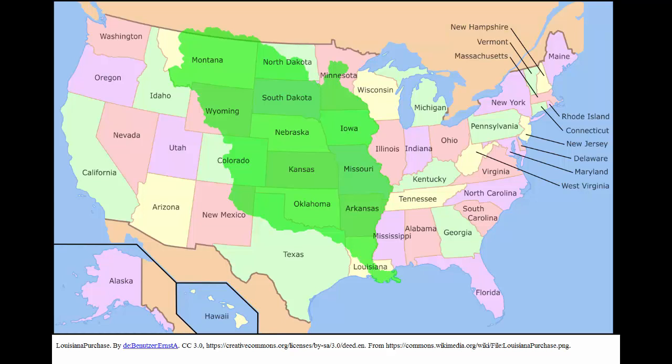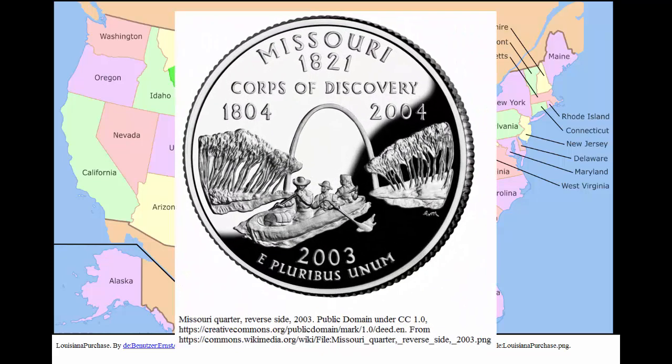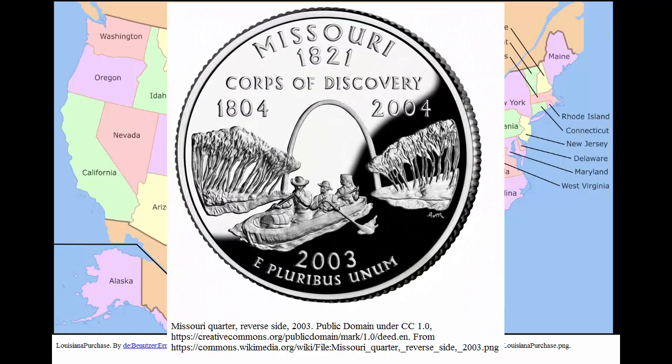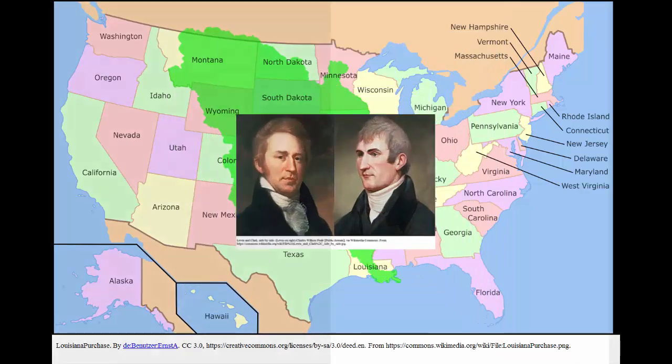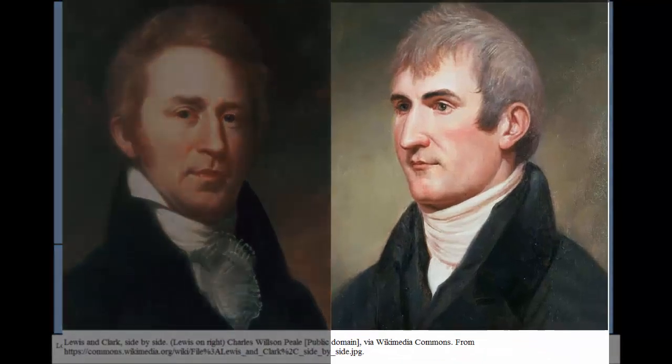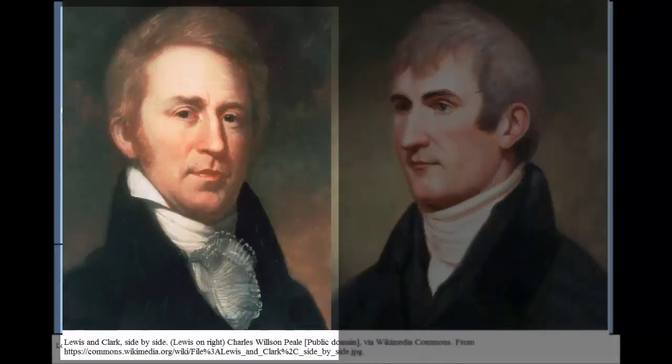The ink on the Louisiana Purchase had barely dried when President Jefferson put together a group of explorers called the Corps of Discovery to head west into this newly acquired territory and explore it, and to seek a water route in the hopes of being able to navigate ships from one coast to the other. Jefferson tapped his secretary, Meriwether Lewis, and Lewis asked his friend, William Clark, to co-lead the expedition.